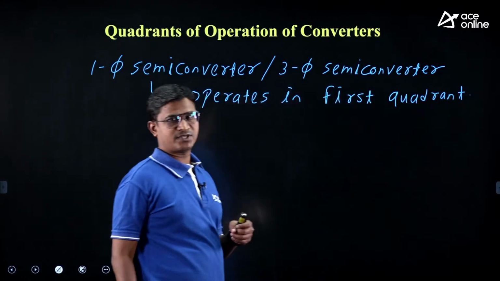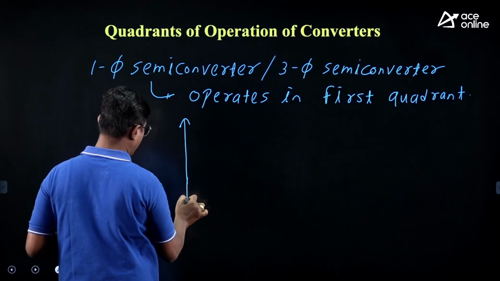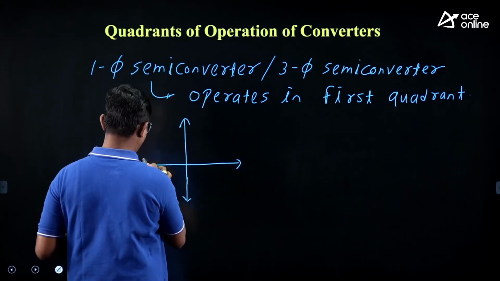Operating only in the first quadrant means these converters give output voltage and output current only positive.